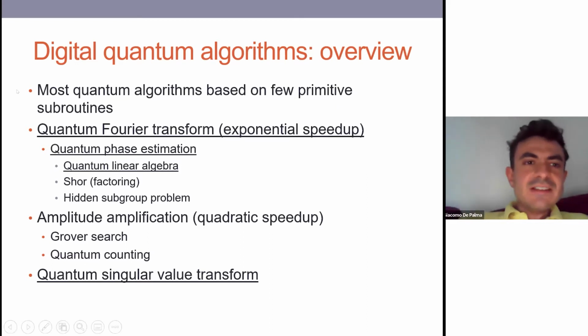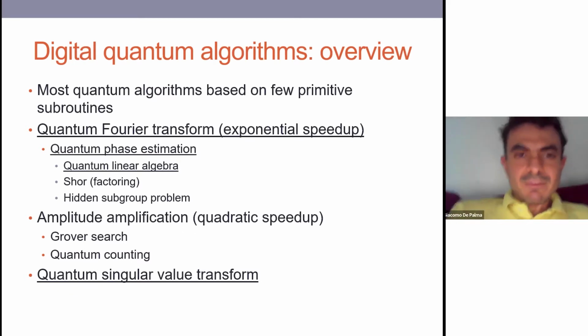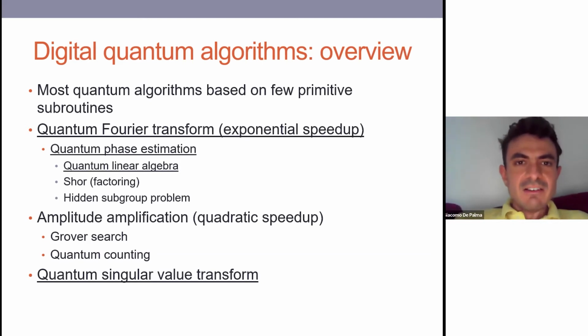So the first thing you have to learn about quantum algorithms is that, while there are really a lot of quantum algorithms that have been developed so far, those algorithms are mostly based on only a few basic primitive subroutines.